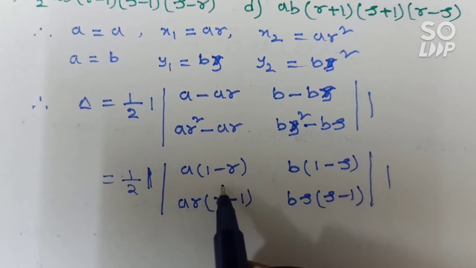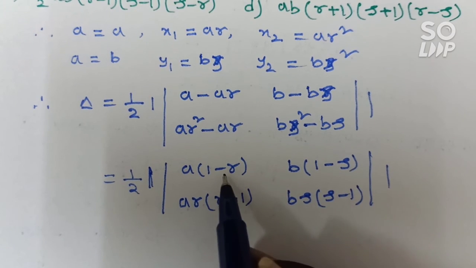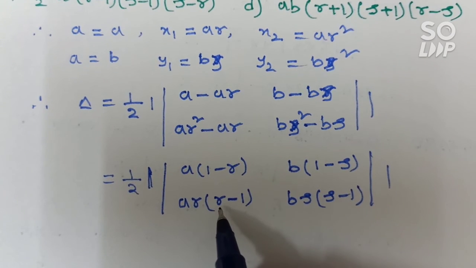From the first row you can take a into 1 minus r as common, and here you can take a into r as common, this value is r minus 1. Here you take b as common, 1 minus s, and here you take b into s as common, s minus 1. So from the first row you can take 1 minus r as common, or r minus 1.